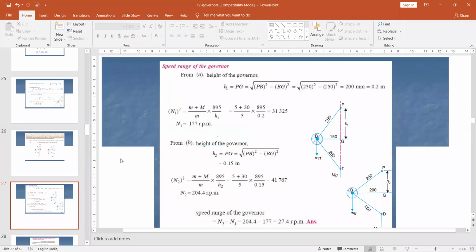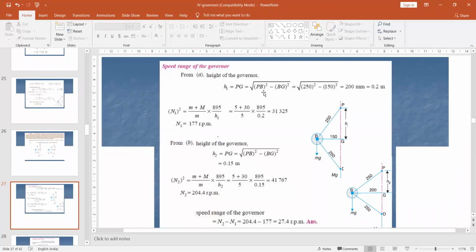Now observe the speed range of a governor. First we measure the height of the governor when R1 is 150 mm. For getting H1, we take triangle PBG. From triangle PBG, using Pythagoras, PG equals the square root of PB square minus BG square.